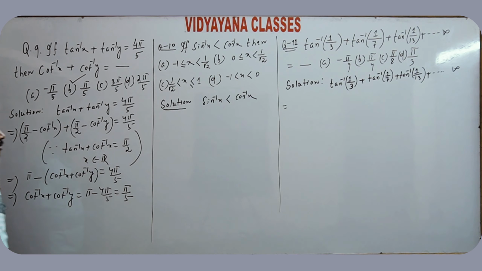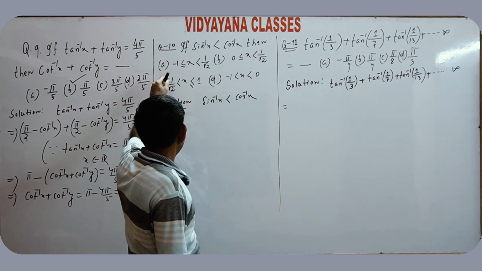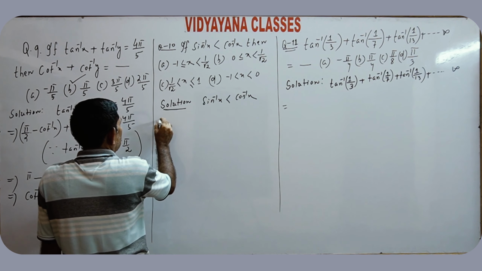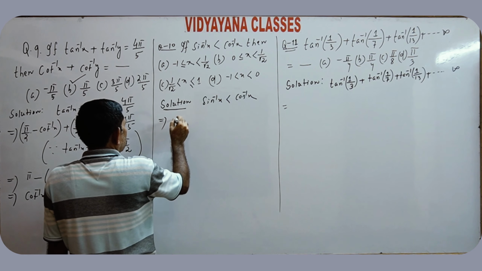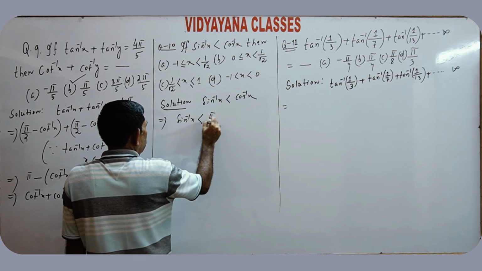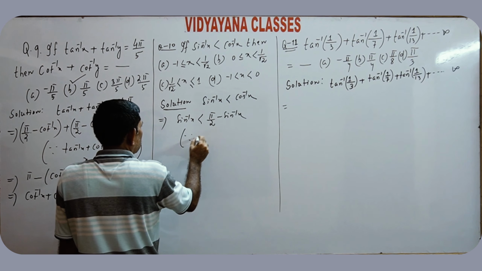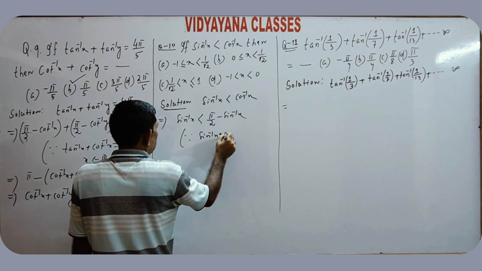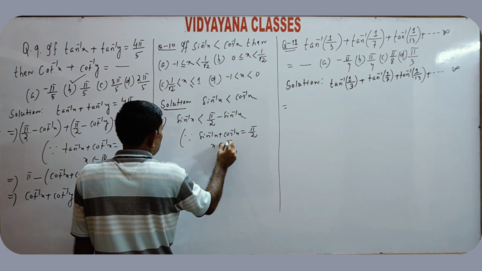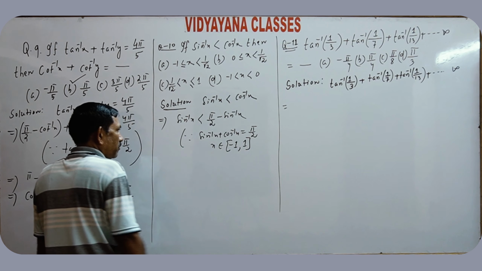Clear? Okay. Next, if sin inverse x less than cos inverse x, then which one is correct? Sin inverse x less than cos inverse x implies sin inverse x less than pi by 2 minus sin inverse x, since sin inverse x plus cos inverse x is equal to pi by 2, x belongs to closed interval minus 1, 1.